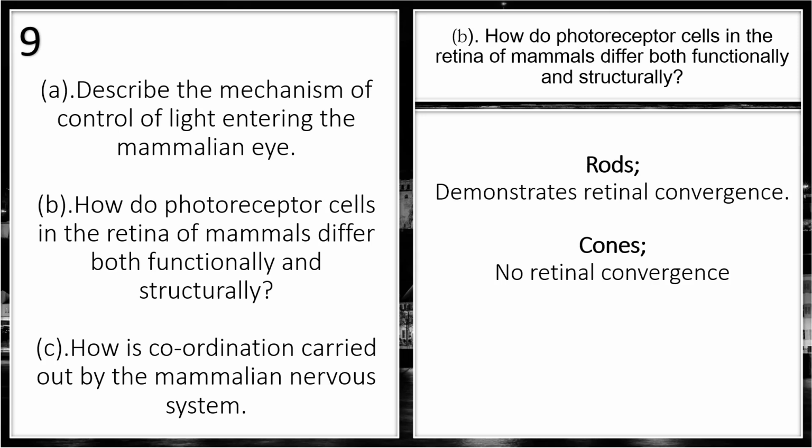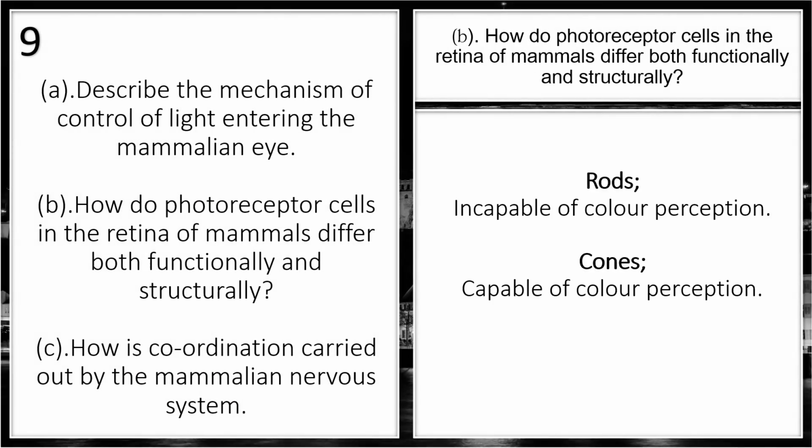The rod demonstrates retinal convergence, whereas in the cone there is no retinal convergence. The rods are incapable of color perception, whereas the cones are capable of color perception.